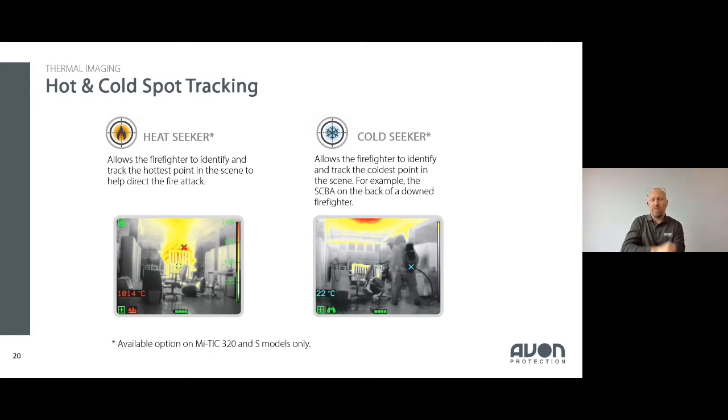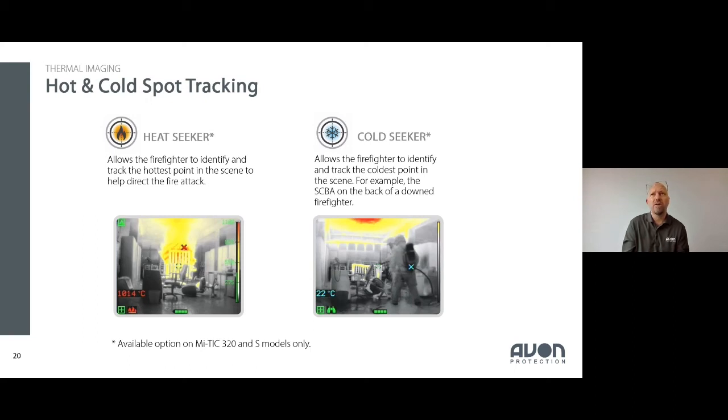Which is useful. So if you think you've got several teams in a fire situation fighting that fire in a zero visibility situation, and you want to see where your teammates are, it would very quickly go to the bottom of their first stage reducers, because that's going to be the coldest part of the scene. It could also be used if there weren't other people in the scene for detecting an area that's the coolest in a scene and potentially has the most oxygen.